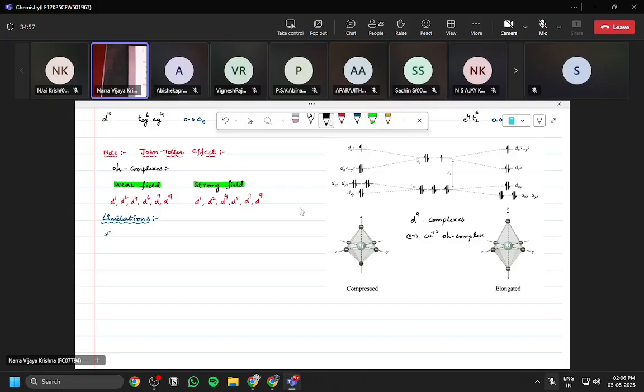Negative, correct? But see the spectrochemical series, which are strong field ligands: carbon monoxide means neutral. So the first limitation is the assumption of ligands as point charges.